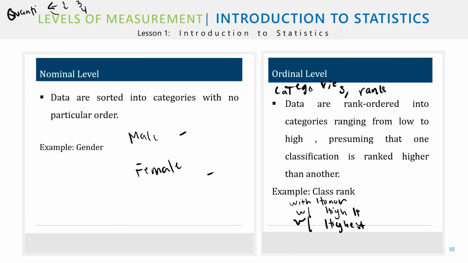So we have a rank ranging from low, which is With Honor, to the highest, which is With Highest Honor. This means that if there is a category and you can arrange it from low to high, from the lowest to the highest, it falls under the ordinal level.